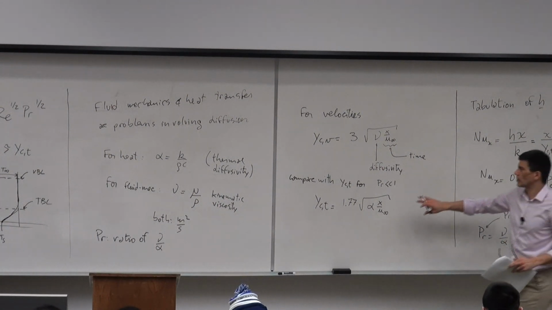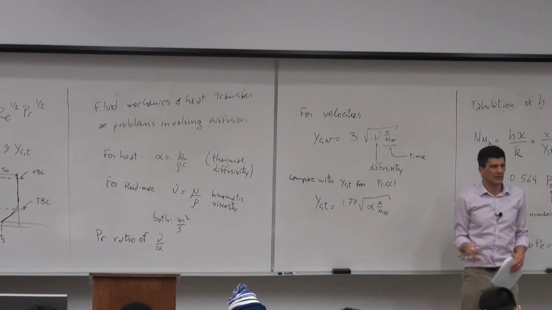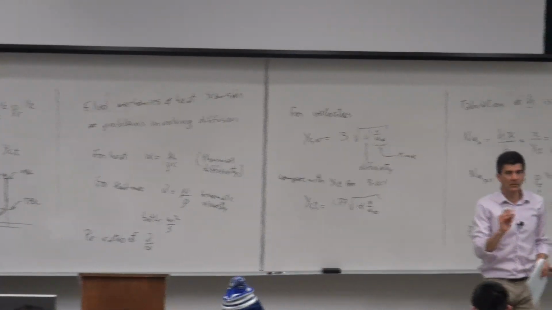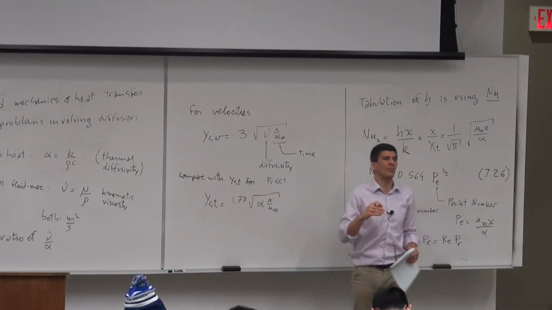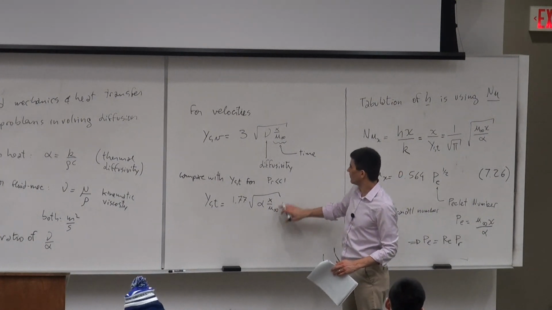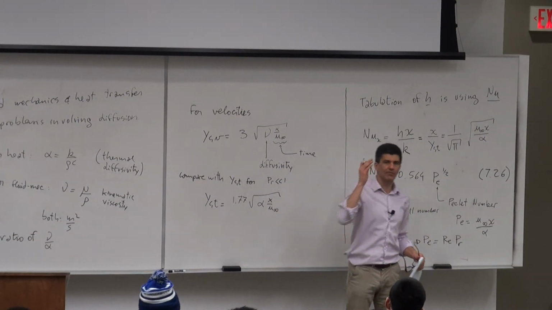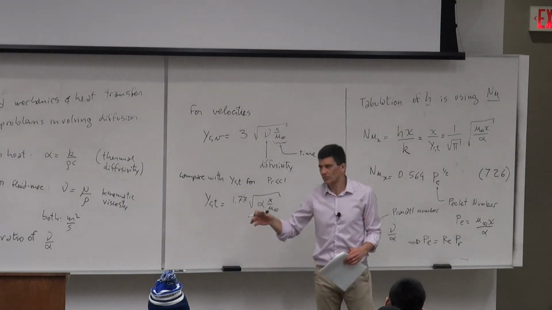You see that these two equations are very similar. In one we have nu, and in the other we have alpha. But nu and alpha are the same idea. One is diffusivity of heat, the other is diffusivity of momentum, of velocities. The x over u infinity is the t. It's the same. We go from the semi-infinite solid to the thermal boundary layer to the viscous boundary layer.